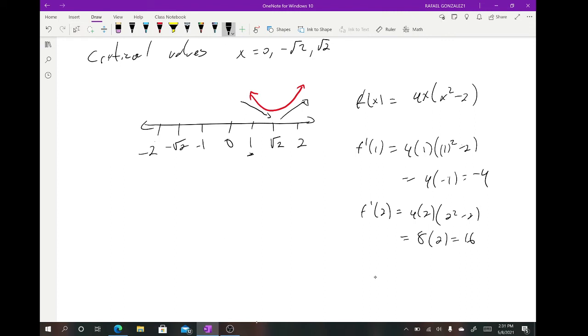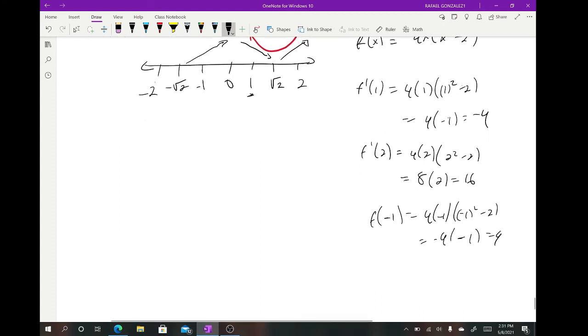And on the other side, if we use negative 1, we have 4 times negative 1 times negative 1 squared minus 2. That's negative 4 times negative 1, which is equal to 4. So that means from negative radical 2 to 0, we're going to go up. And finally, at negative 2, f prime of negative 2 is 4 times negative 2 times negative 2 squared minus 2.